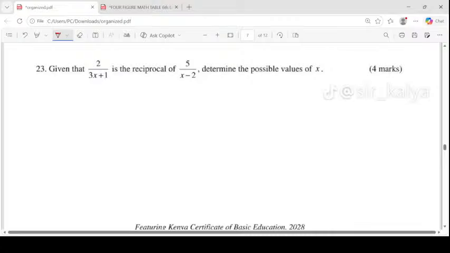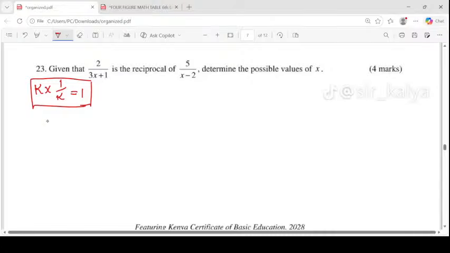Now what we know, when you multiply a number, say for example k, times its reciprocal, the reciprocal of k is 1 over k, the answer is usually equivalent to 1. So when you multiply a number by its reciprocal, the answer should always be equal to 1. So these two are this and this one. This is the reciprocal of the other one.